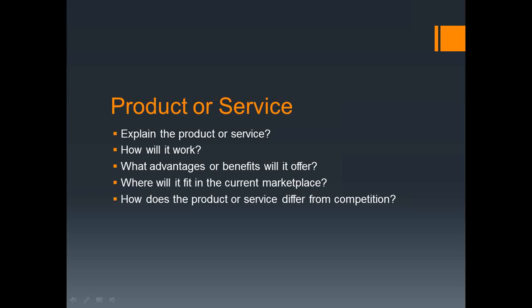But the idea is that they need to identify, and by putting it in a category, I think it helps them to narrow down what it is they want to do that much more, and then describe how it will work. If it's a mechanism of some kind, or a new tool, or new software, explain how this is going to work.